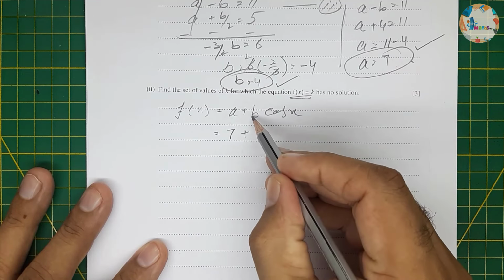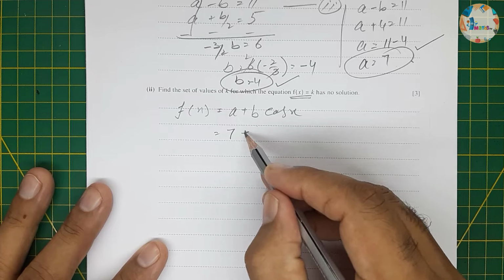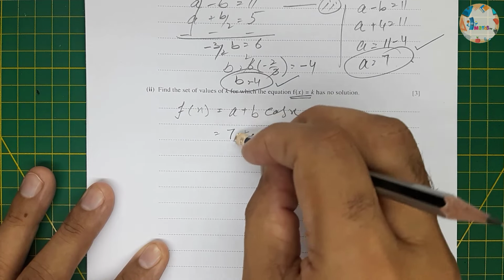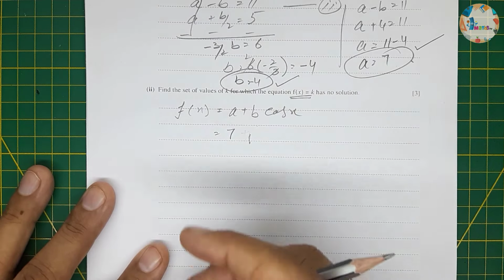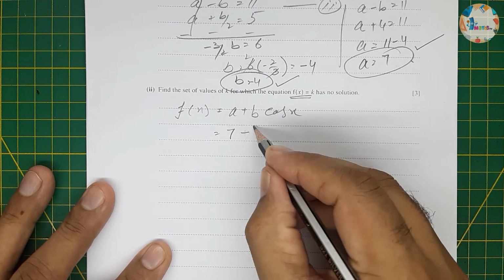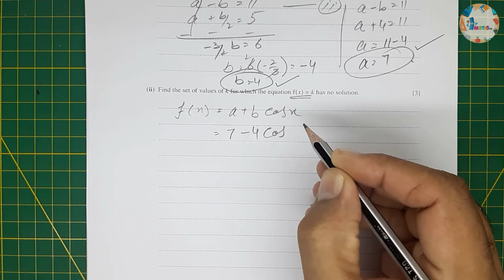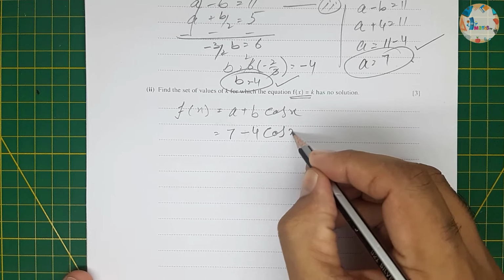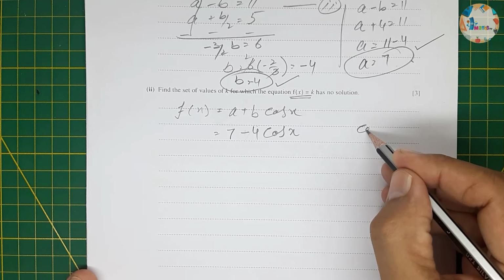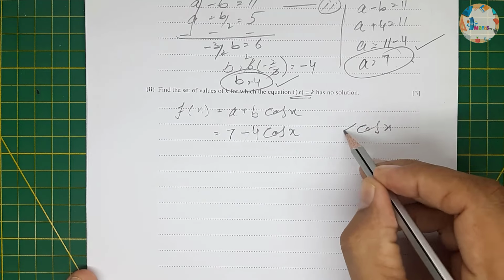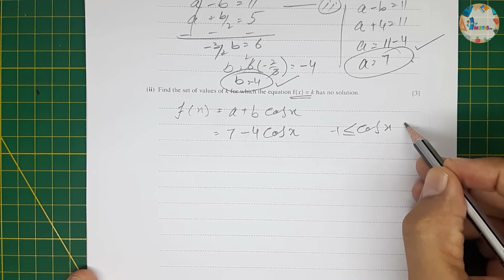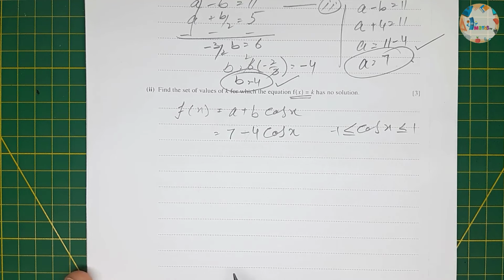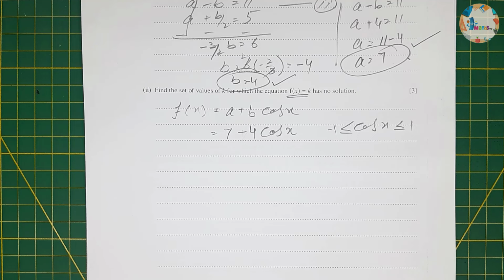So our equation will become 7, and this will be minus 4 cos of x. For this range, cos x should be greater than or equal to minus 1 and less than or equal to 1. Now we know this is equal to the k value.